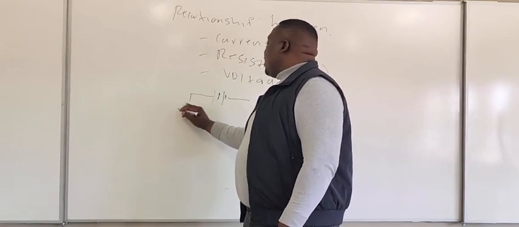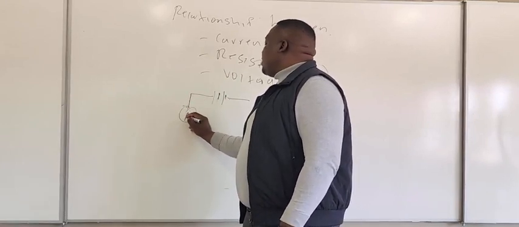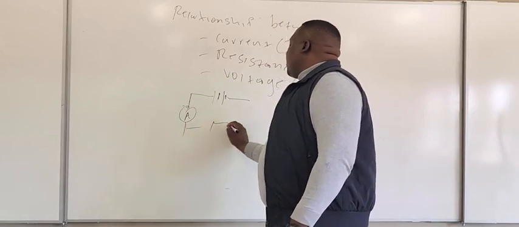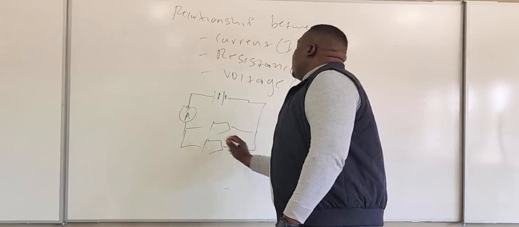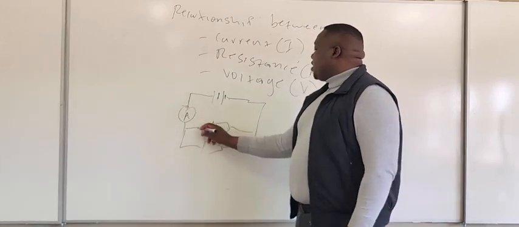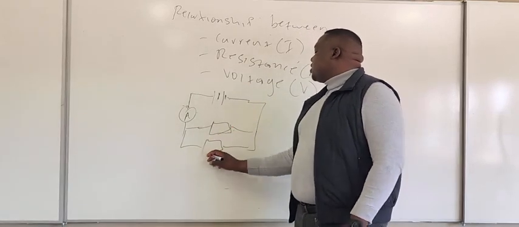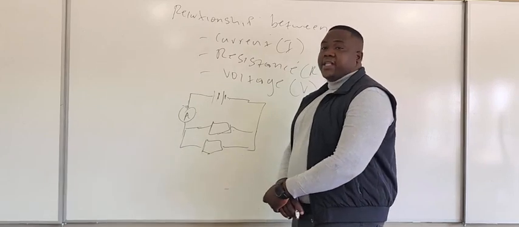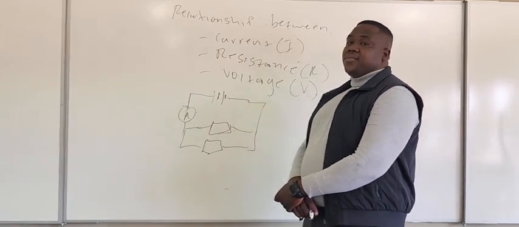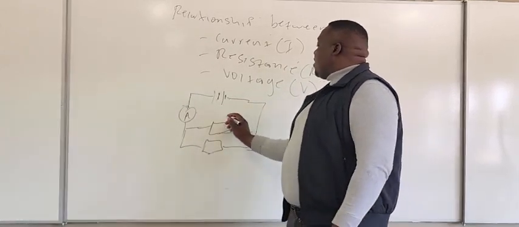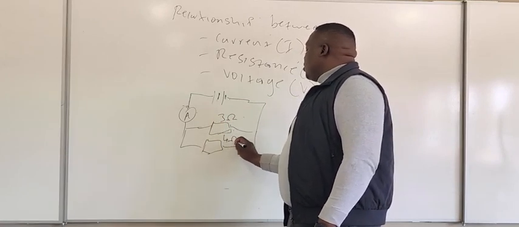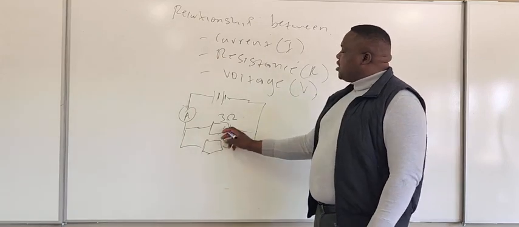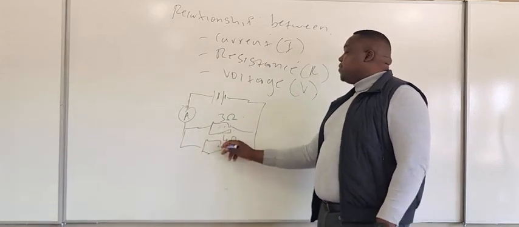It has an ammeter, then two resistors that are parallel. This is an ideal electric circuit. Let's say we have 3 ohms here, and here we've got 4 ohms. You see that these two resistors are parallel.